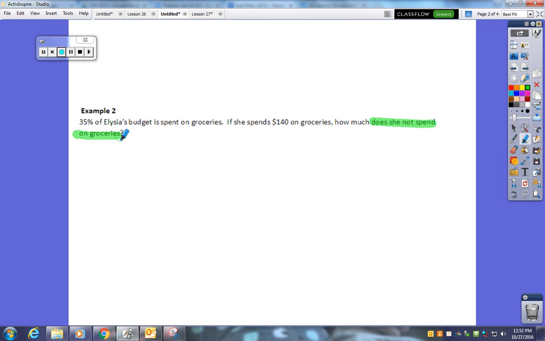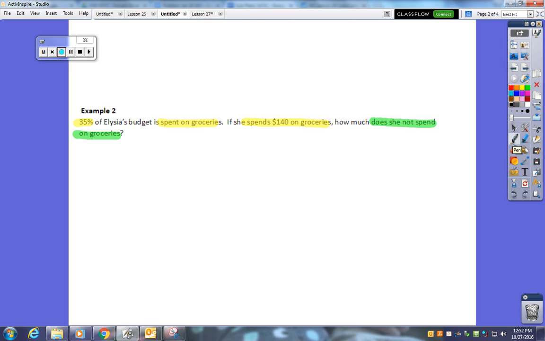If we read back into the problem, we see that we are given the percent spent on groceries, and we're also given the amount spent on groceries. Since the two numbers in the problem, the percent and the number, match, we can use those to find our total, and then use our total with the amount that she spent on groceries to find the other number.